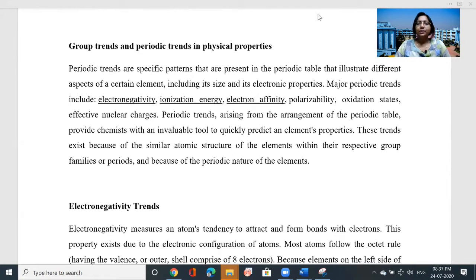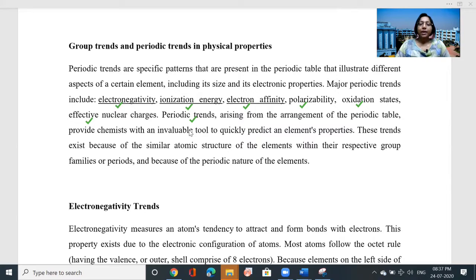Major periodic trends include electronegativity, ionization energy, electron affinity, polarizability, oxidation states, and effective nuclear charges.